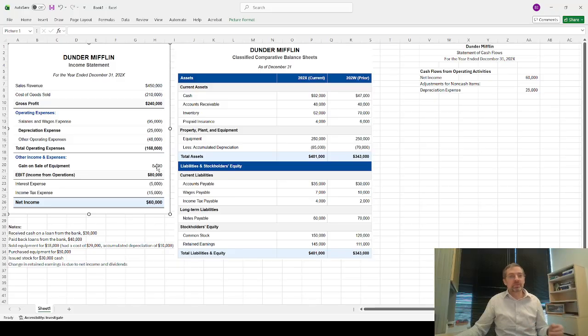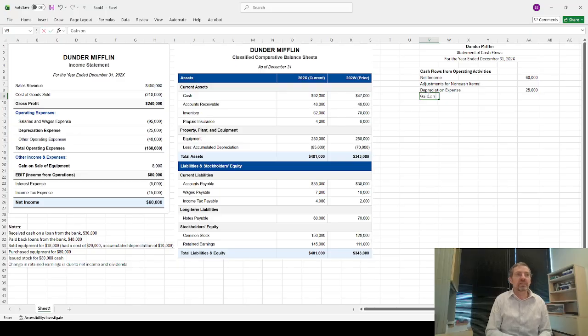Sales of equipment belong in the investing section, not the operating section. So we need to adjust for the gain on sale of equipment. And if we crossed out that $8,000, what would happen to our net income? It would go down. So we have to subtract the $8,000.